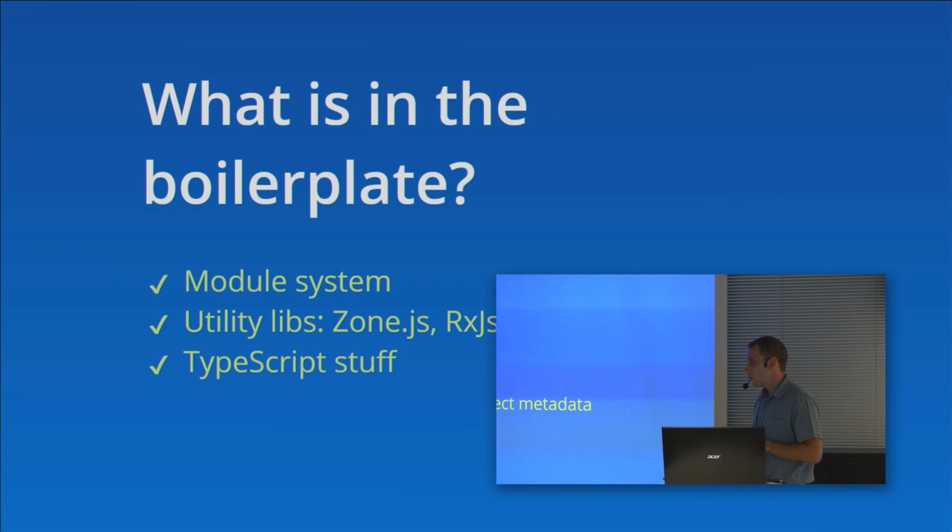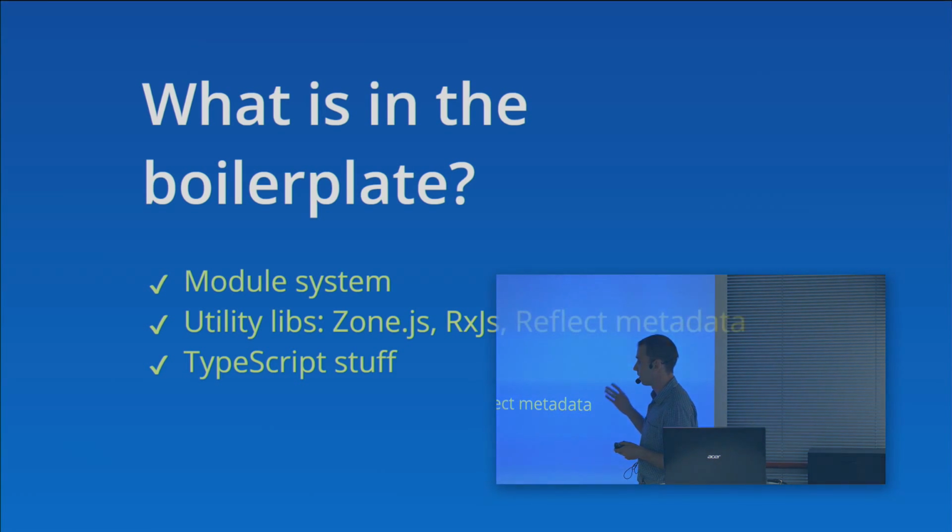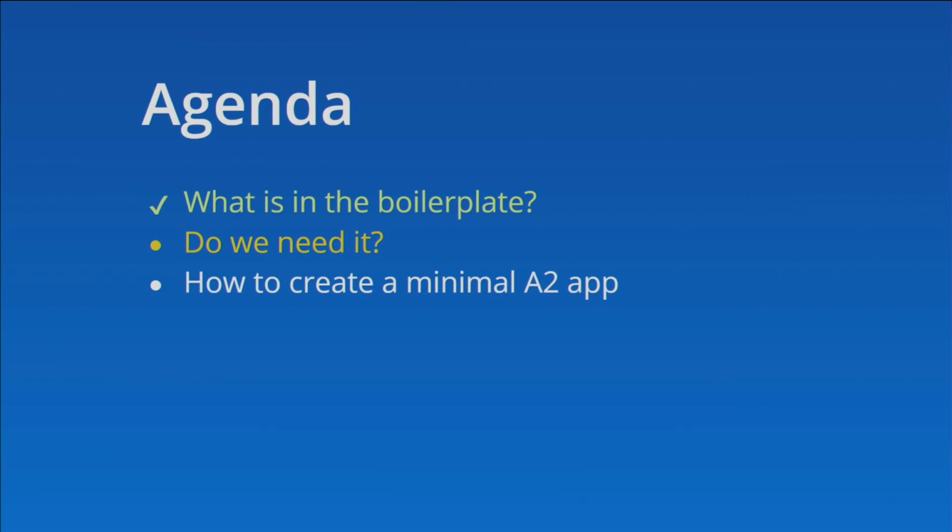So that's it for the boilerplate, basically. I mean, well, it's not so much stuff, it turns out, and probably some of this stuff can be even useful. So we return to the question, do we need it? Well, we don't really have much choice, and probably we do need the module system anyways, because if we are not creating really hello world application, then we're gonna work with many files.